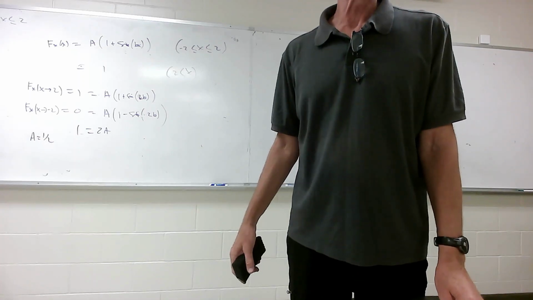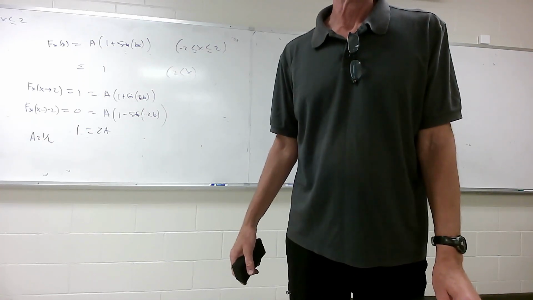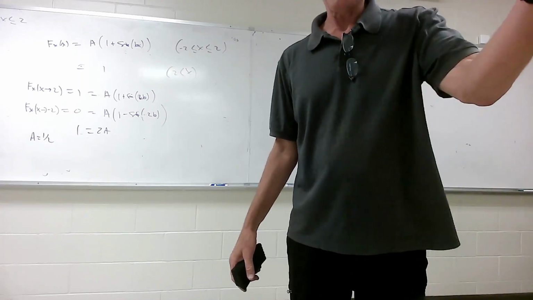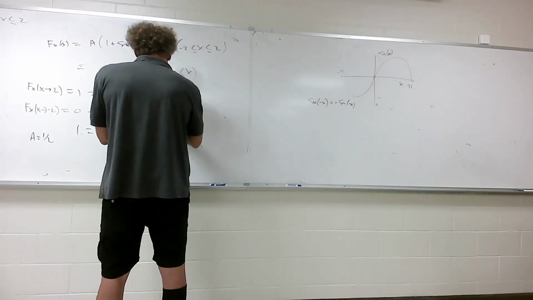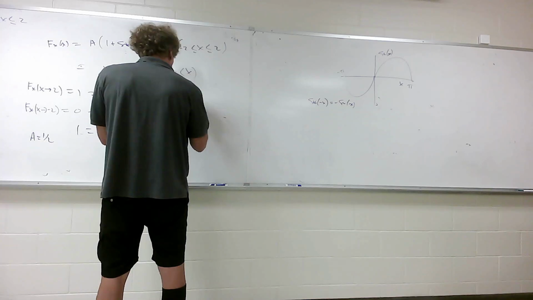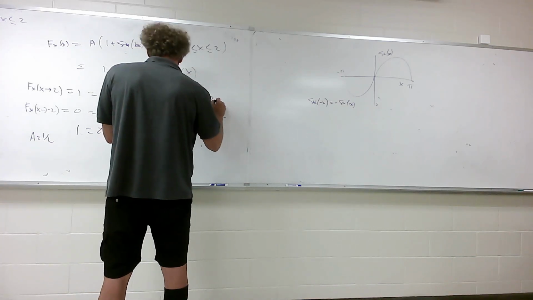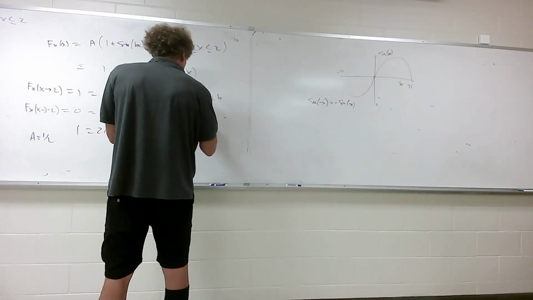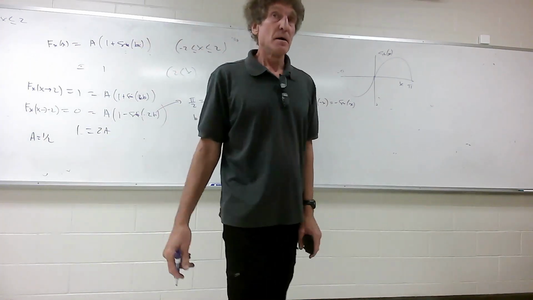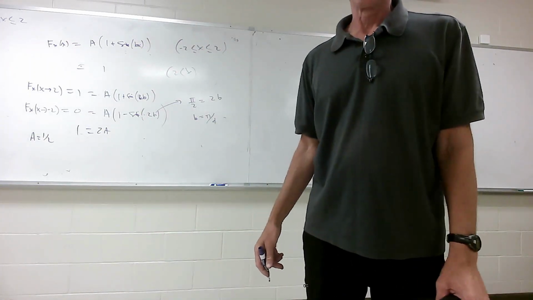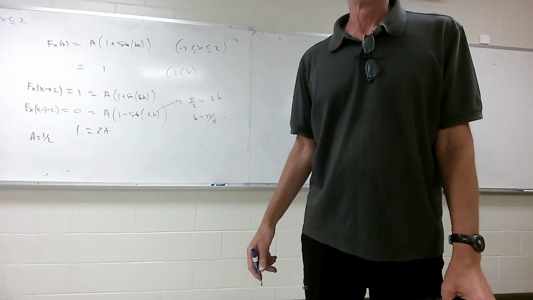Pi over 2, right? 90 degrees. Do you agree with that, everyone? So if it's 90 degrees or pi over 2, this tells me that pi over 2 is equal to 2b, or b is equal to pi over 4. Do you agree with that? Do you understand the reasoning or not? Do you follow me?